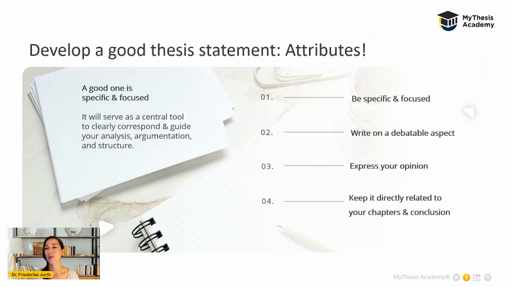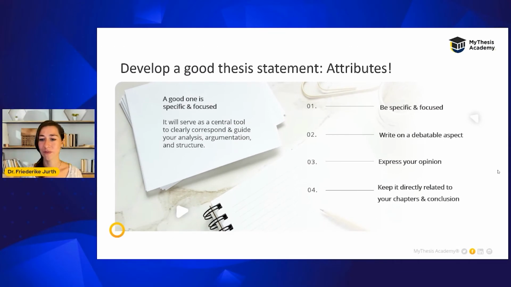Now I would like to get over to some main attributes of a good thesis statement. So, first, keep in mind that a good thesis statement is specific and focused. It will serve as a central tool to clearly correspond and guide your analysis, your argumentation, and also your structure.